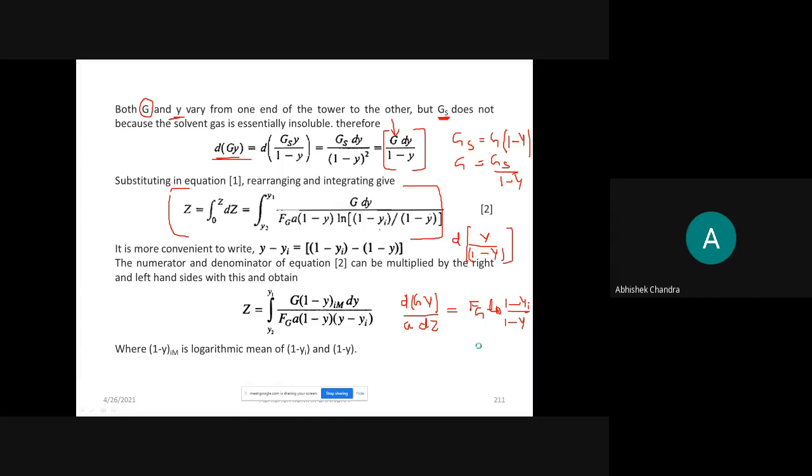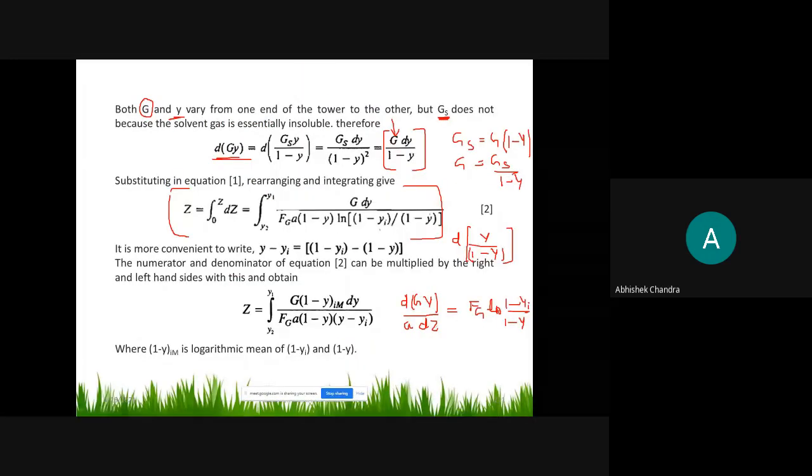This is the expression. So you rearrange this, meaning dz take this side and rest of the terms in the denominator, right. This term, the right hand side terms, in the denominator and dz in the right hand side. So you will get this.